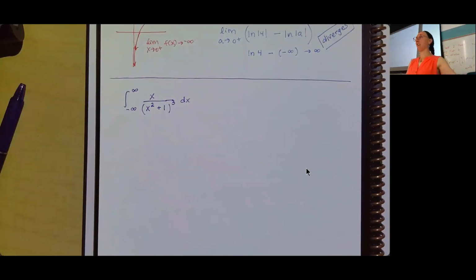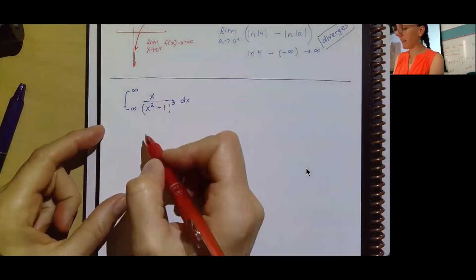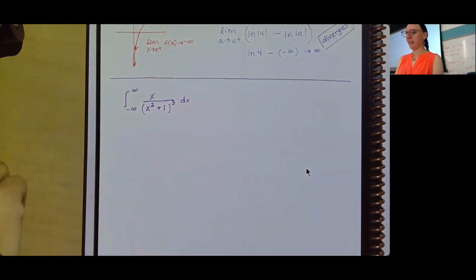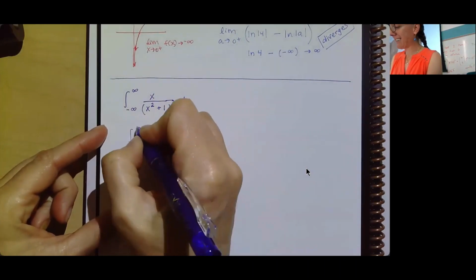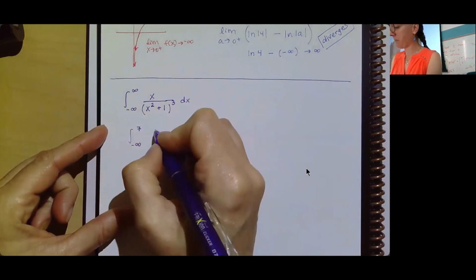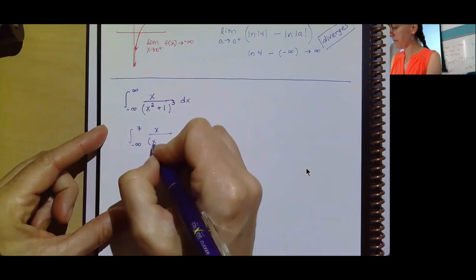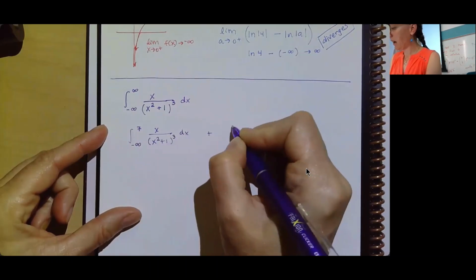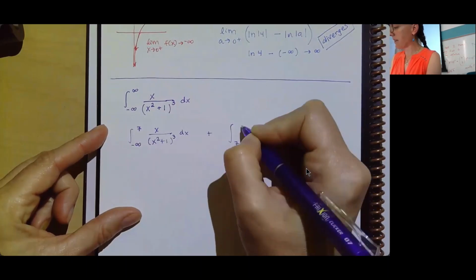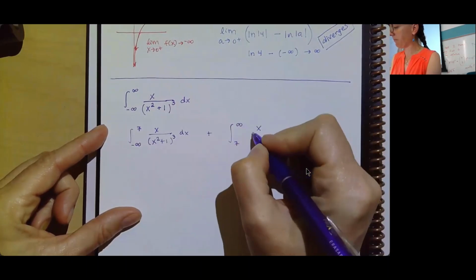Someone tell me their favorite number. 7? You got it. So we're going to break this up, and we are instead going to write this as going from negative infinity to 7, and from 7 to positive infinity.